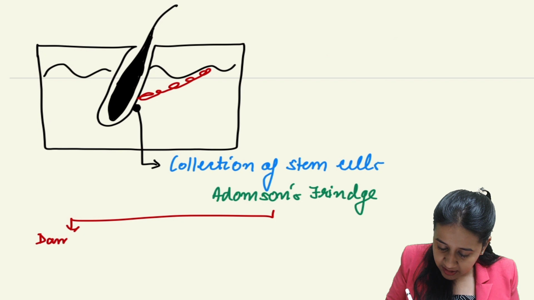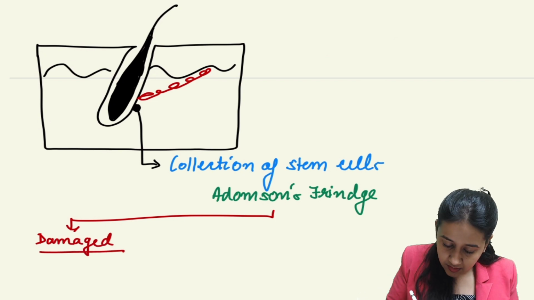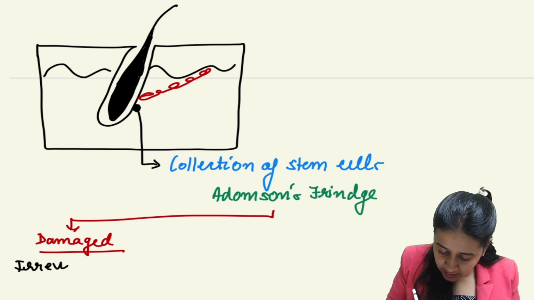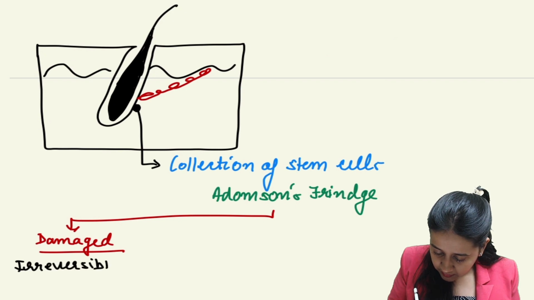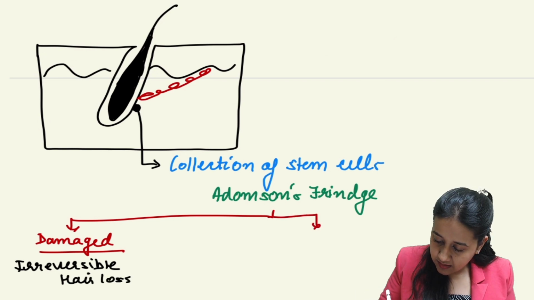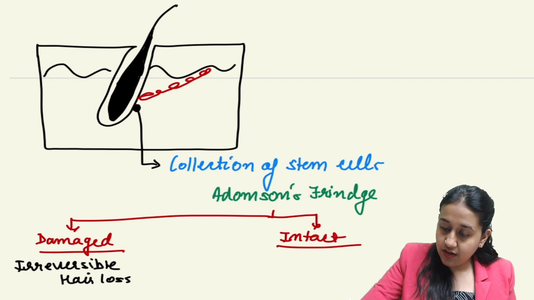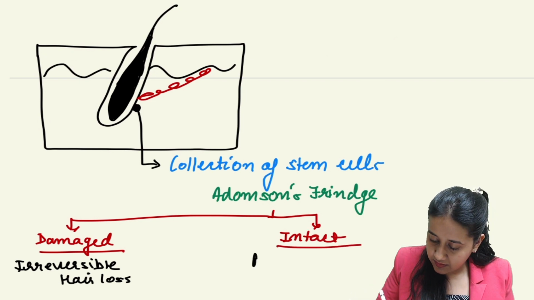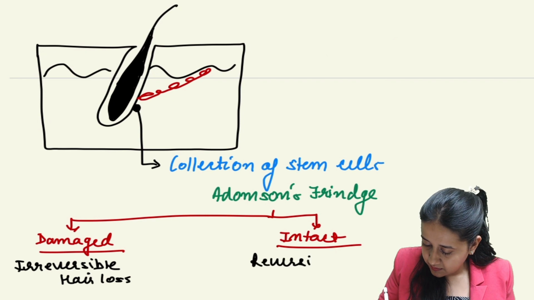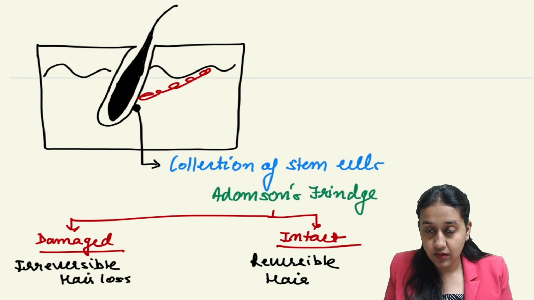So when this is damaged, you will see irreversible type of hair loss. But if it is intact, you will have reversible type of hair loss.